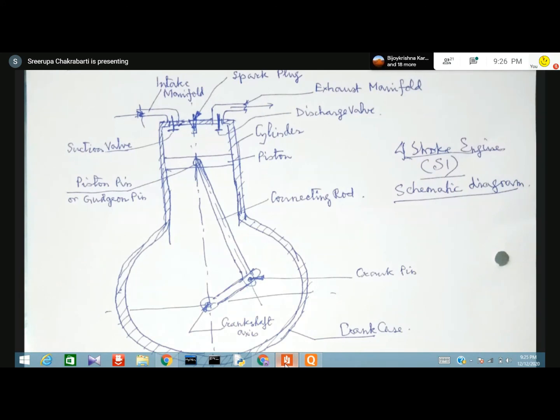So RC is important, and 1 upon RC to the power something determines that. If RC is high, then efficiency is high. If RC is low, efficiency is low. You understand my logic? If compression ratio is high, thermal efficiency is high. If compression ratio is low, thermal efficiency is low.